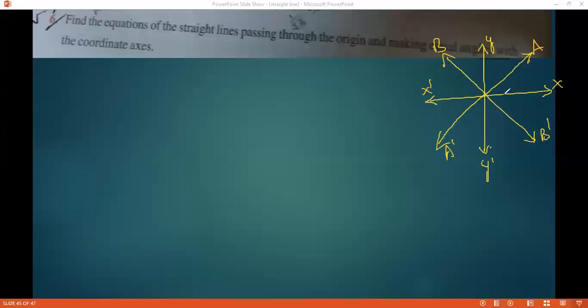See here, this is 45, one angle, and the other one is this. You observe AA dash makes an angle of 45 degrees with the positive x-axis.